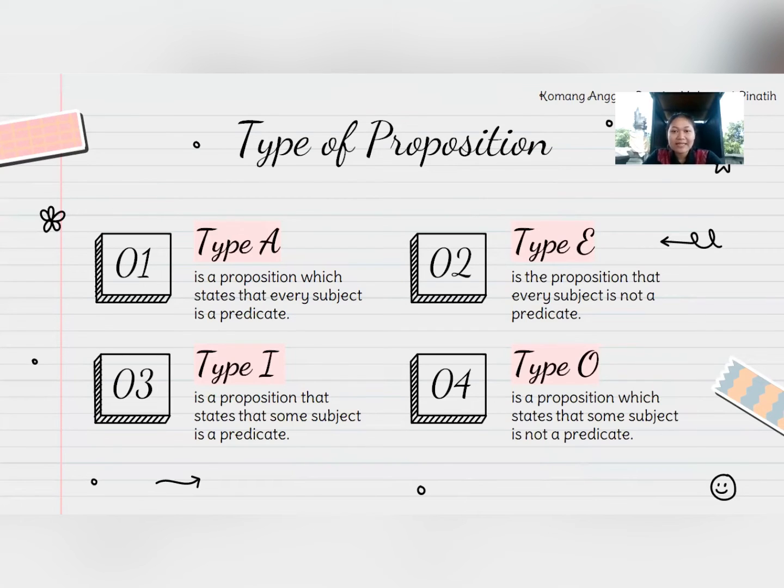The second is type E, the proposition that every subject is not a predicate. The third is type I, a proposition that states that some subject is a predicate. And the last one is type O, a proposition which states that some subject is not a predicate.